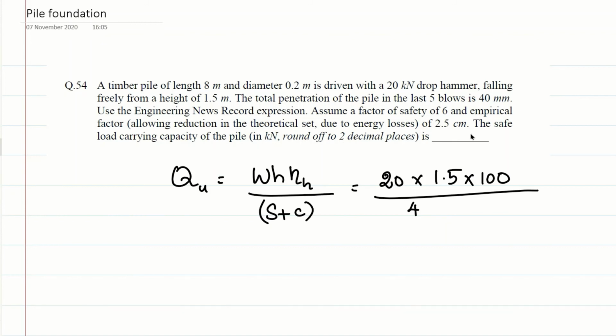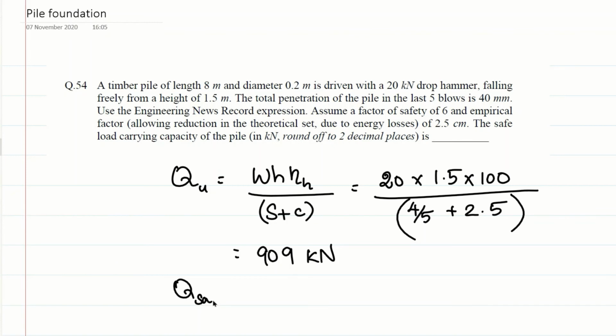So 4 penetration per blow. For 5 blows, the penetration is 40 mm, so 4 by 5 plus 2.5, again in terms of centimeter. So no issues. If you multiply, you will get the ultimate load that could be applied on the pile as 909 kilonewton. So what is the safe load then?